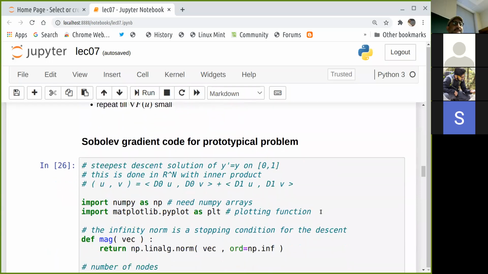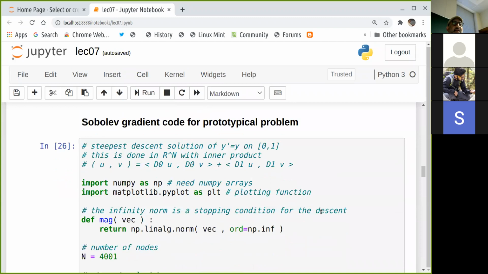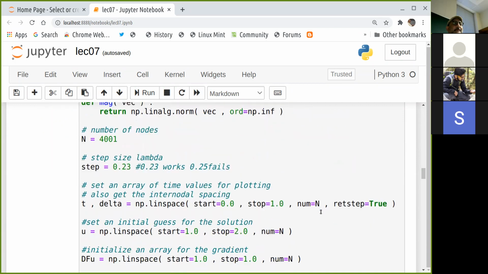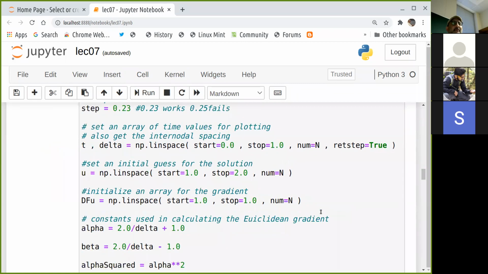So, same code as before. This time we're going to do it with 4001 nodes. Okay. And I'm going to crank the step size up to 0.23. So what did we do before?